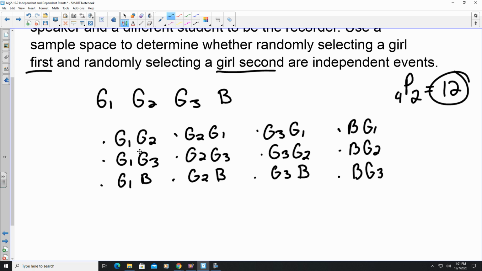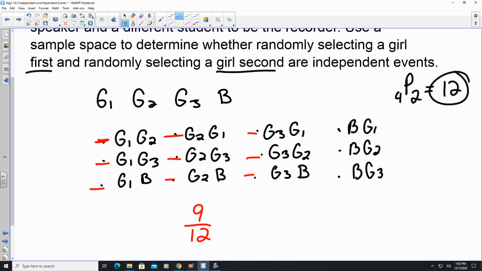So I have a girl first here, here, here, here, here, here, here, here, and here. So there are 1, 2, 3, 4, 5, 6, 7, 8, 9. So there are 9 possible favorable outcomes, 9 out of 12. So 9 out of 12 chance of the first person being chosen is a girl.